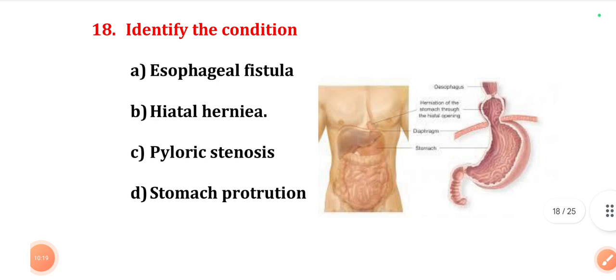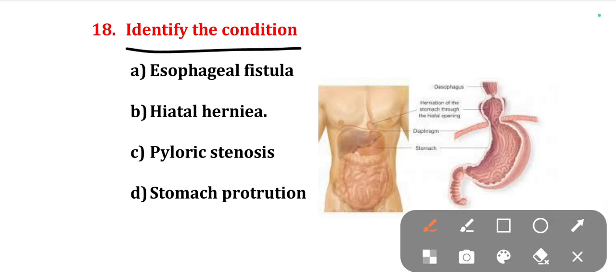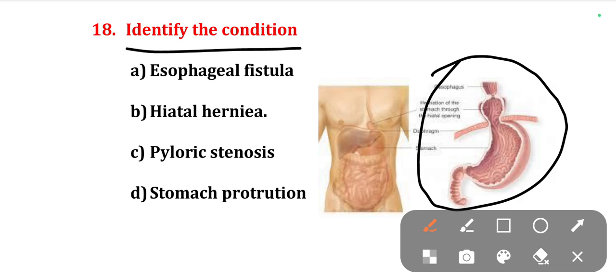The next one is identify the condition. So in the picture you can see the stomach. This is not a normal stomach structure. Here we have the diaphragm and some protrusion, like a bulging part of the esophagus and stomach. So what is the name of this condition?